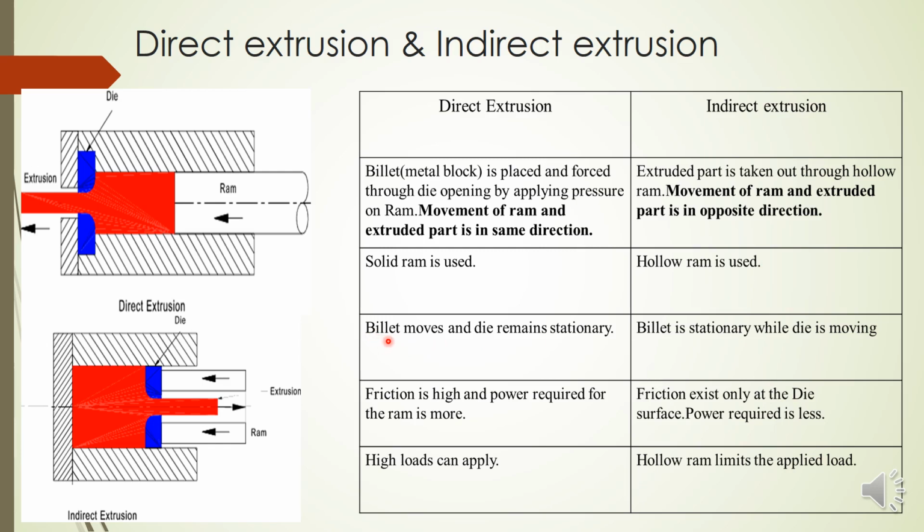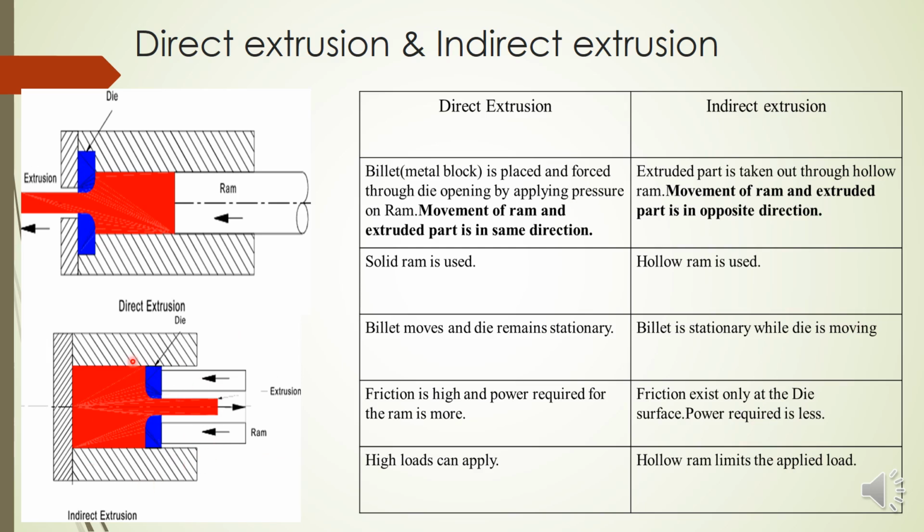And another important difference you can see in direct extrusion, what is moving and what is stationary. The billet, this one, the billet is moving. So we are pressing the billet from right to left. And the die is stationary. This blue color die will be always here. It remains stationary. But what about indirect extrusion?